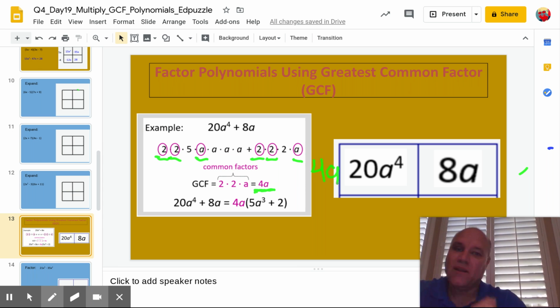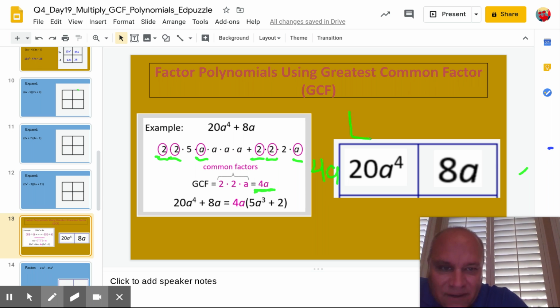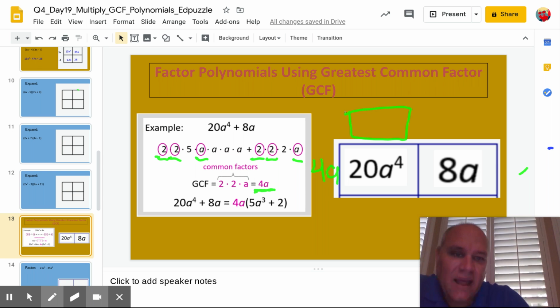All right. So now there's 2 ways to go about this process, whatever your preference is. Some people will go 4a times what? This is the what. And they'll go 4a times what gets me 20a to the fourth. And they go, well, I know 4 times 5. And I know a times a to the third.